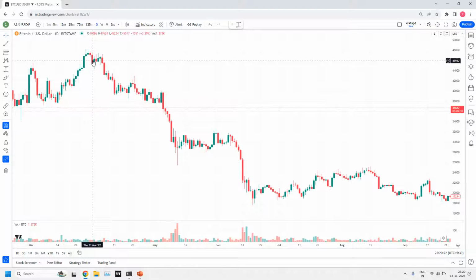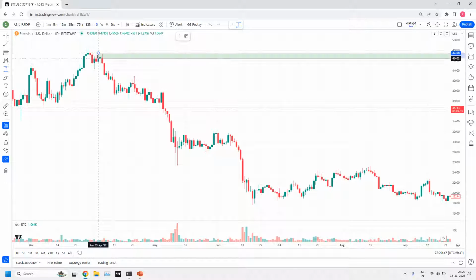So this is DBD, drop, base, drop. In DBD, only the base candles and the leg-out candle, whichever is having the highest, that is the distal line. For supply zone, the highest is the distal line. For demand zone, the lowest is the distal line. That is the difference you have to observe.